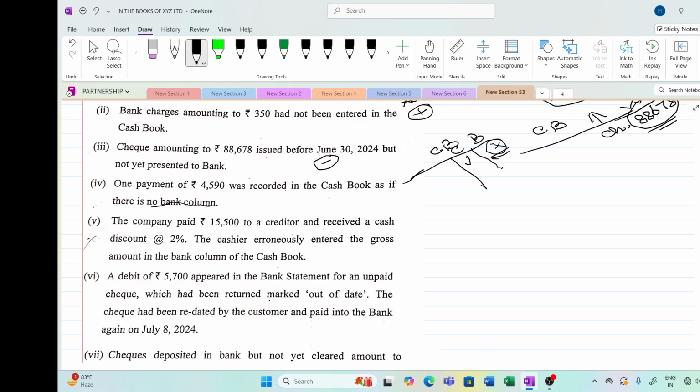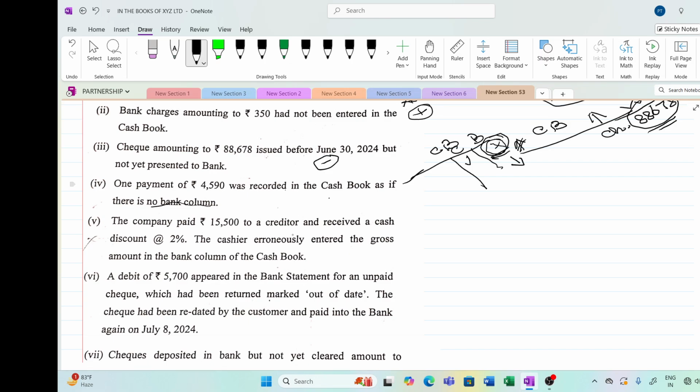You have to enter it in this column, then automatically your overdraft will increase. But you have not increased your overdraft. Instead, by not entering on this side, you have decreased your overdraft balance.